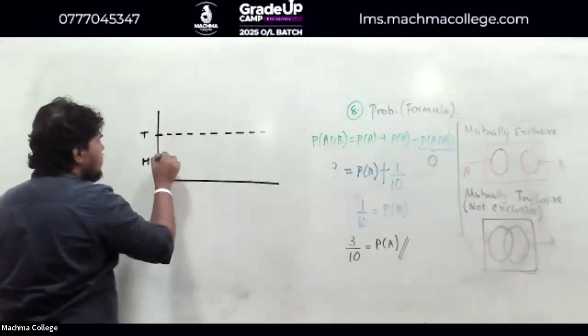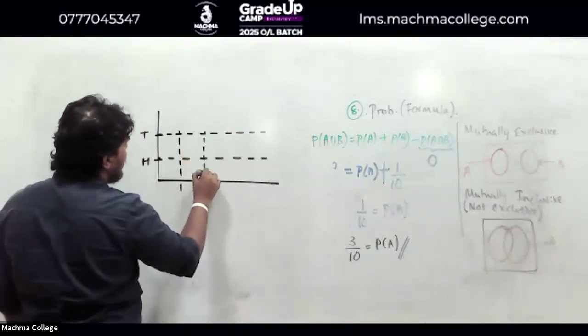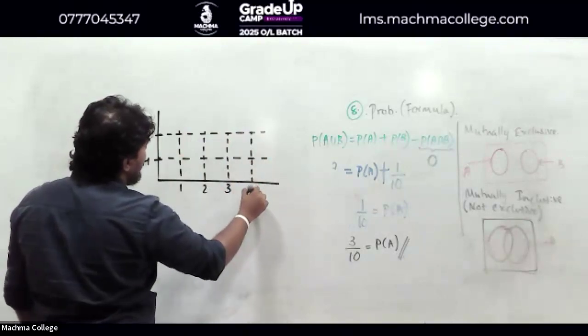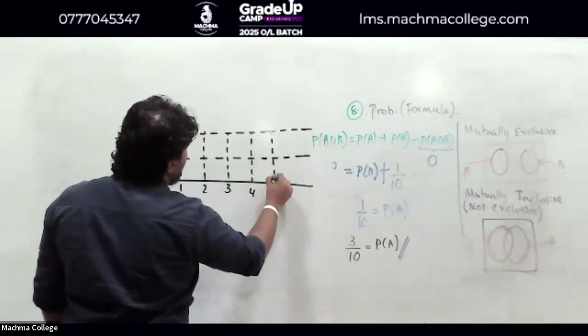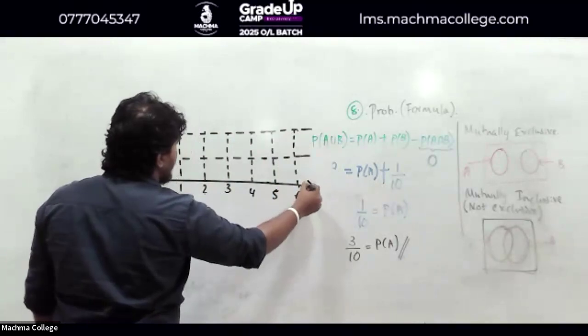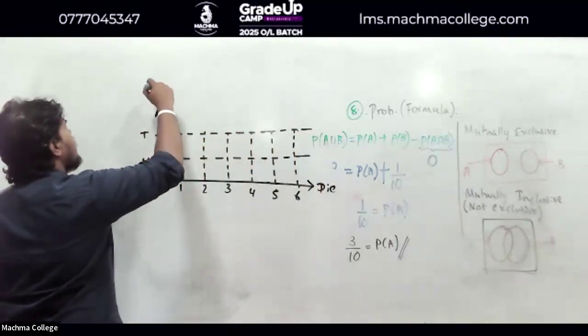That's for the coin side. 1, 2, 3, 4, 5, 6. This is the die axis. This is the diagonal.